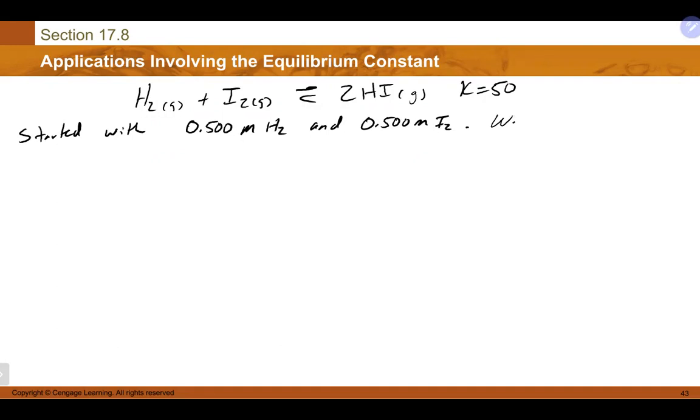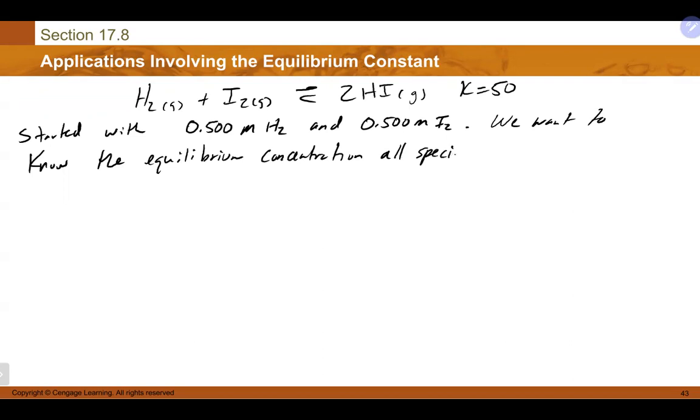And we want to know the equilibrium concentrations of all species that are there. So in this case, we have the initial concentrations, and we're looking for what everybody's equilibrium concentrations are.